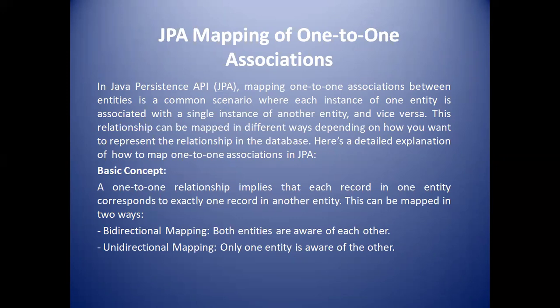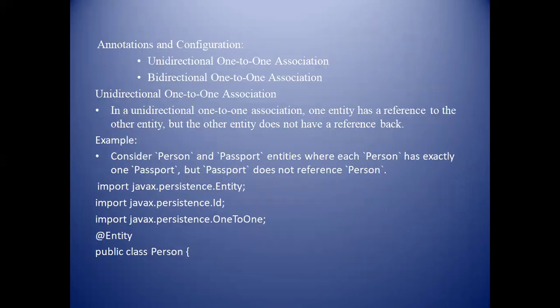So one table to another table. This mapping is two ways. Bidirectional mapping: both entities are aware of each other. Unidirectional mapping: only one entity is aware of the other. So, annotations and configuration: unidirectional one-to-one association and bidirectional one-to-one association.